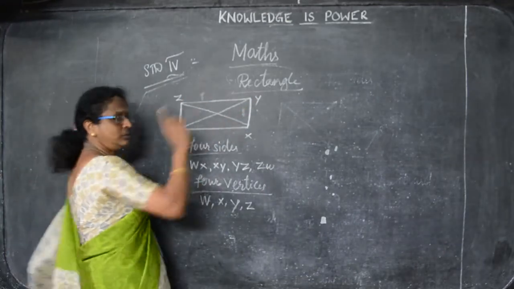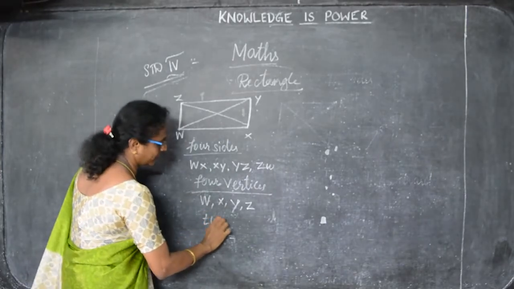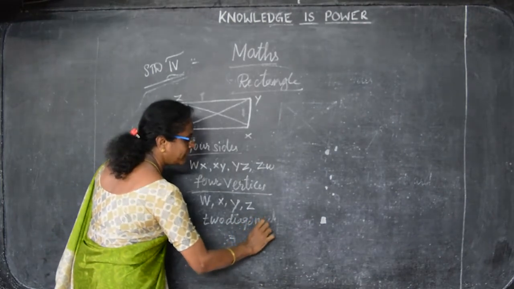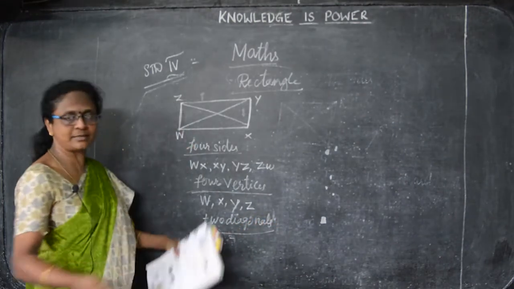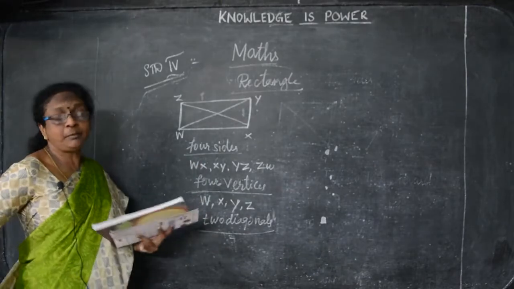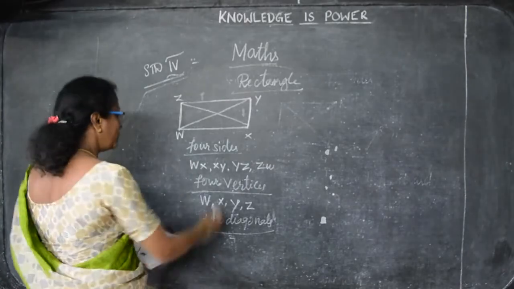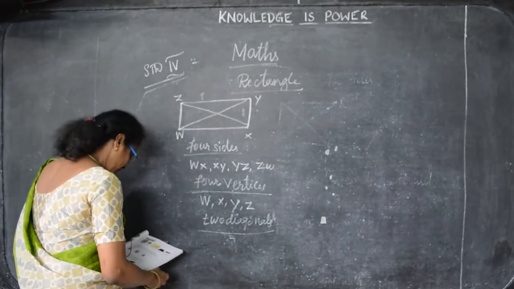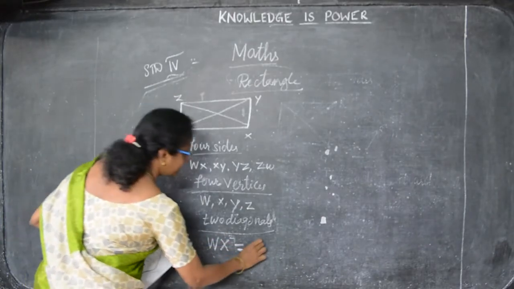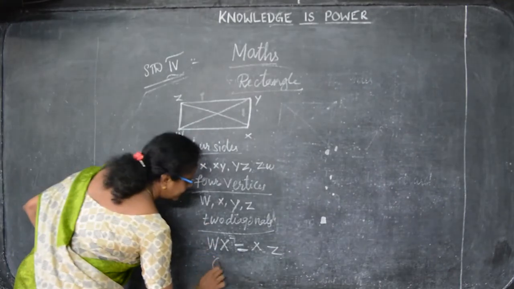And it has two diagonals, as in the square. What are the two diagonals? The diagonals will be the same as in the square, but in a rectangle the opposite sides are equal.